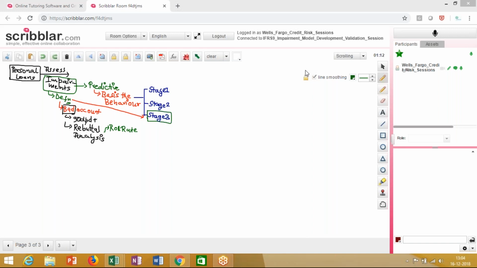Your stage 3 provisionings are also often governed by the IAS 39 standards. The IAS 39 standard is the incurred loss standard which was previously there, right?